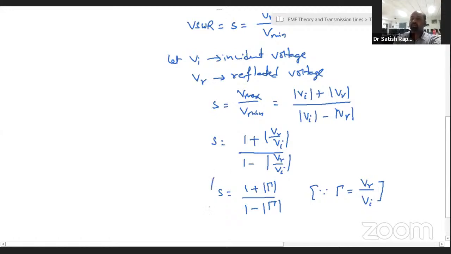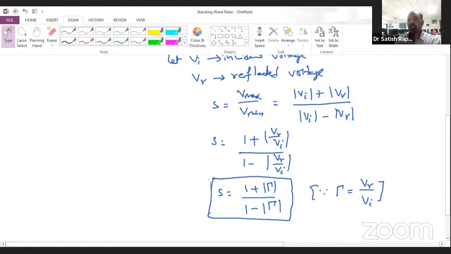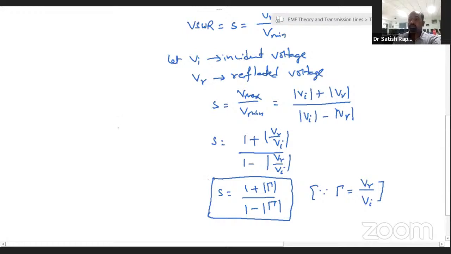So this gives the relationship between the standing wave ratio and the reflection coefficient, that is, the relationship between VSWR and reflection coefficient capital gamma.